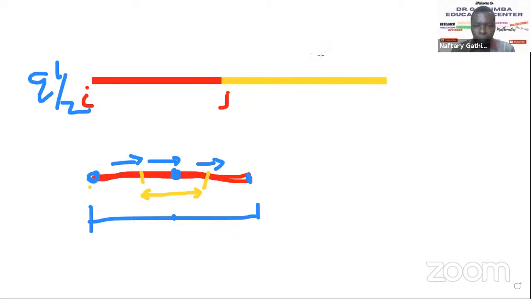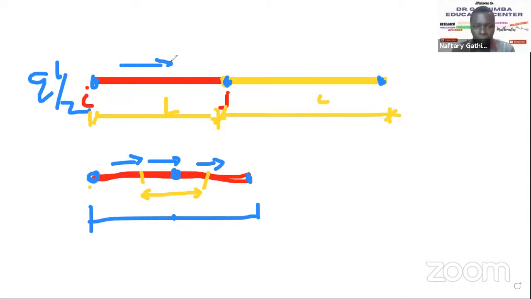Assume they are the same length. So this is length L, this is L, and this is L, with a node here, a node here, and a node here. We have a UDL Q applied uniformly along the length of that member. So we resolve this.